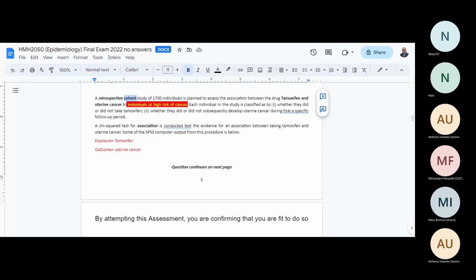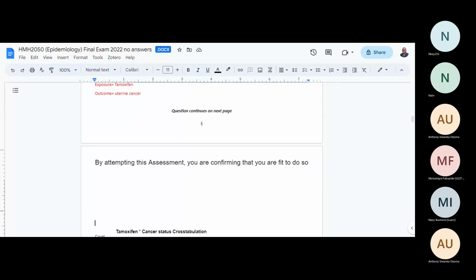It is relative risk. I've said this many times. Relative risk is preferable in a cohort study, while odds ratio is preferable in what? Case control study, right? So this chi-square test of association you are seeing here can be relative risk or odds ratio, depending on the type of study.